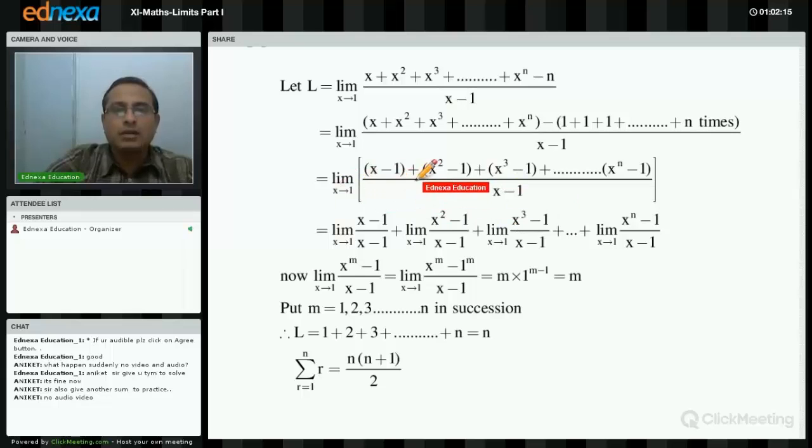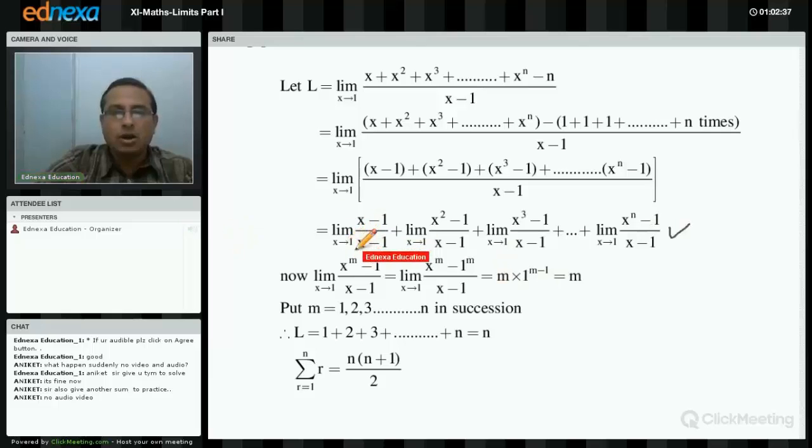I have to split the numerator. I have not shown that here. After splitting the numerator, it is x minus 1 upon x minus 1, x square minus 1 upon x minus 1, up to x raised to n minus 1 upon x minus 1. And then I have to say the limit of a sum is the sum of limits. I have shown this particular step directly.